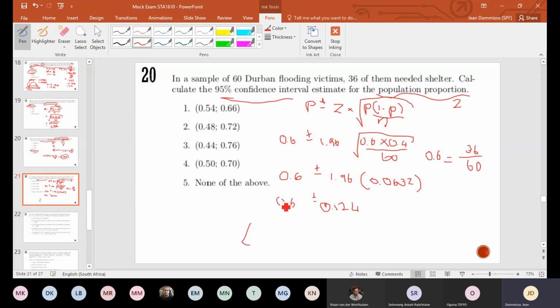So the smallest one is 0.6 minus 0.124, which gives us 0.476.